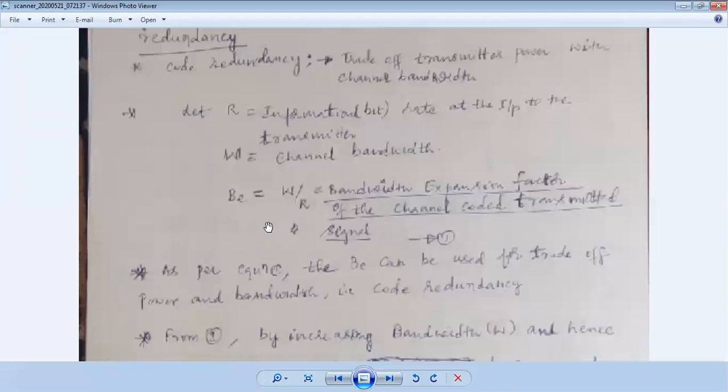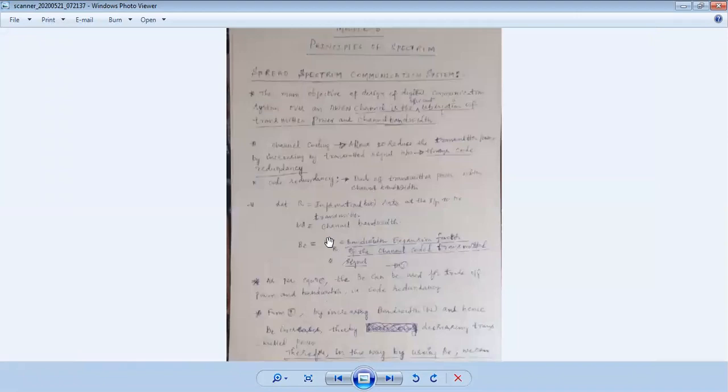When R is less, the information rate will decrease. So this is exactly the two factors, and this use of the channel is one of the important factors, used in today's technology over the AWGN channel.